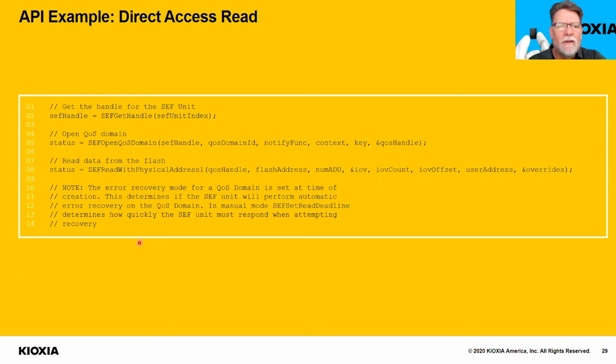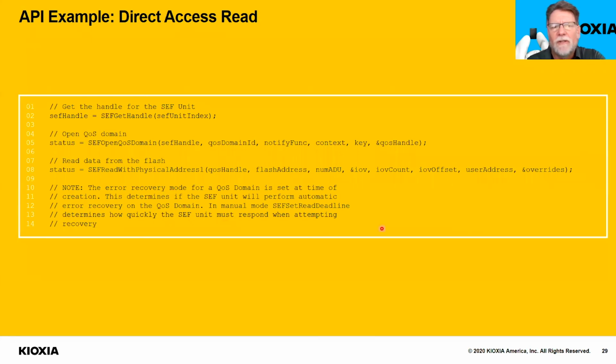There's a little note here in this example. The error recovery mode for a QoS domain is set at the time of creation, and this determines whether the software-enabled flash unit will perform automatic error correction and automatic error recovery on the QoS domain.